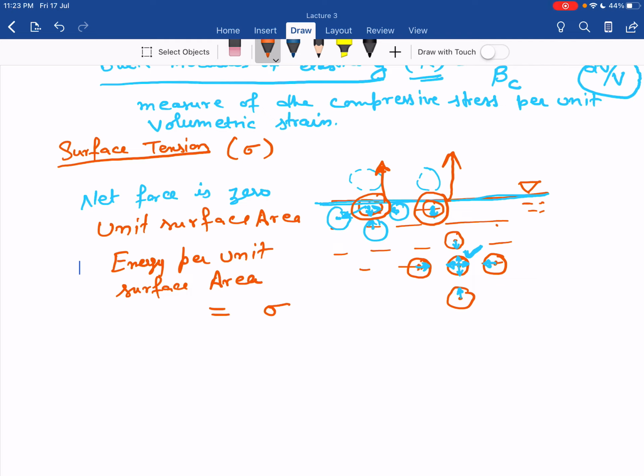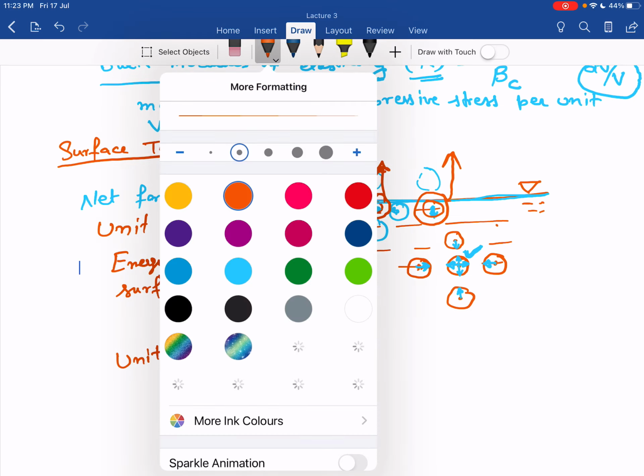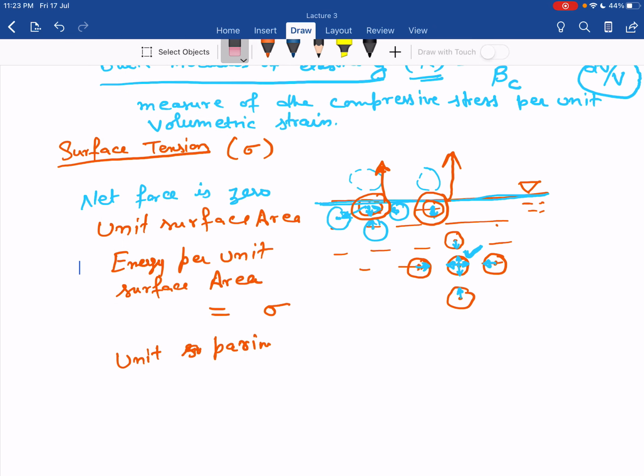Okay. In other words, you can say, now say we consider a unit perimeter. So for that perimeter, the dimension is in meter. So for that unit perimeter, we apply the force on the molecule.